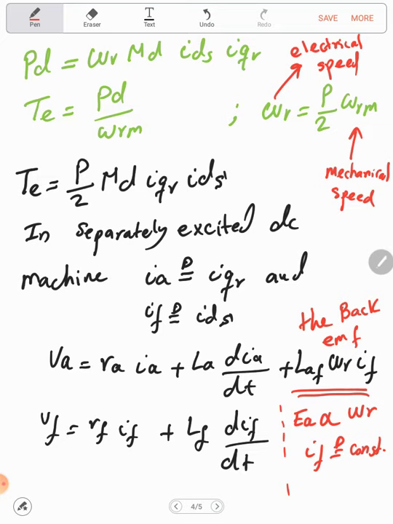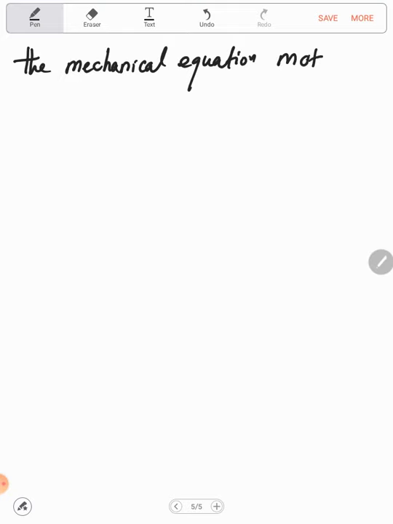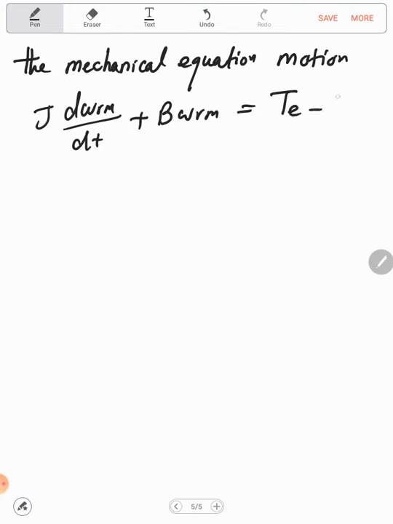And finally, in order to finish the modeling, we need the mechanical equation of motion, which is the J d omega Rm by dt plus b omega Rm must equal the summation of the torque Te minus TL.